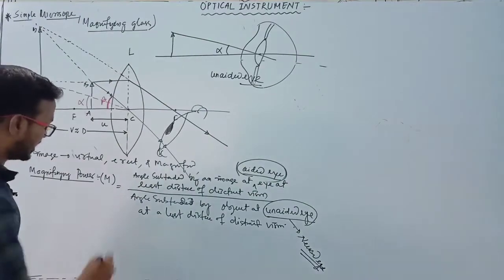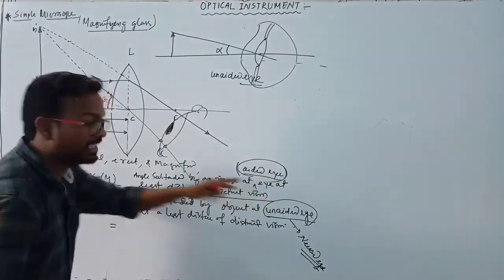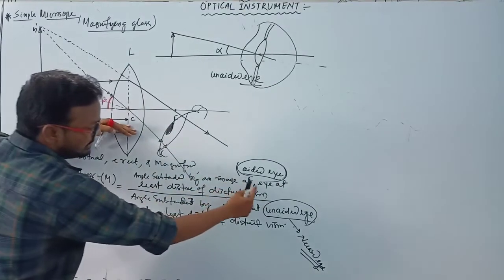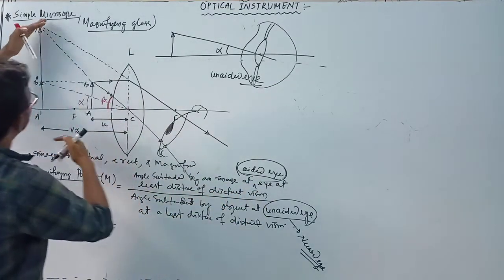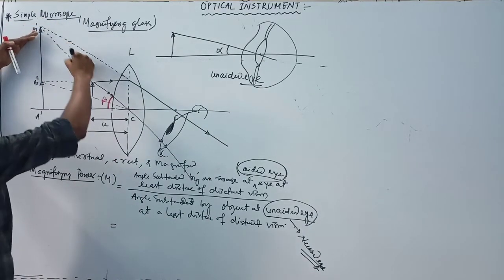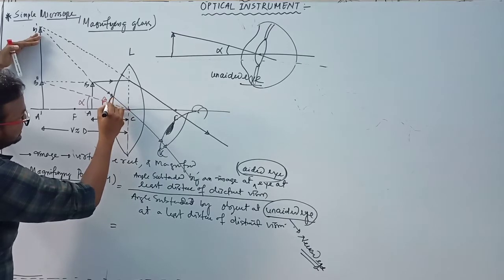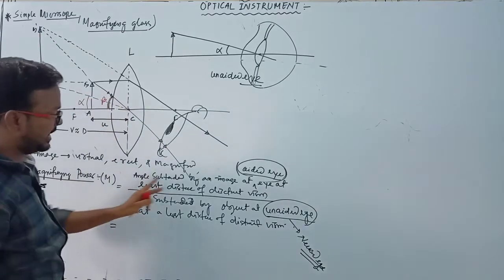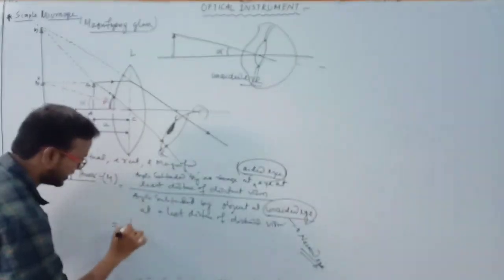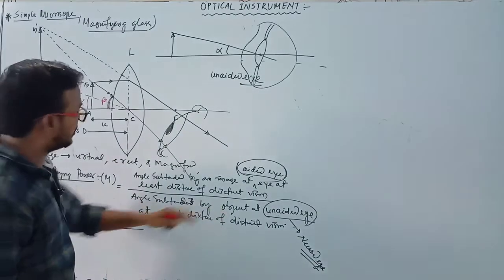Clear? So at that time we can write here: the angle subtended by an image at the aided eye, at the least distance of distinct vision. This is the image, and its angle is subtended at the eye, because this eye is very close to the lens. So this angle is beta, divided by the angle subtended by the object.